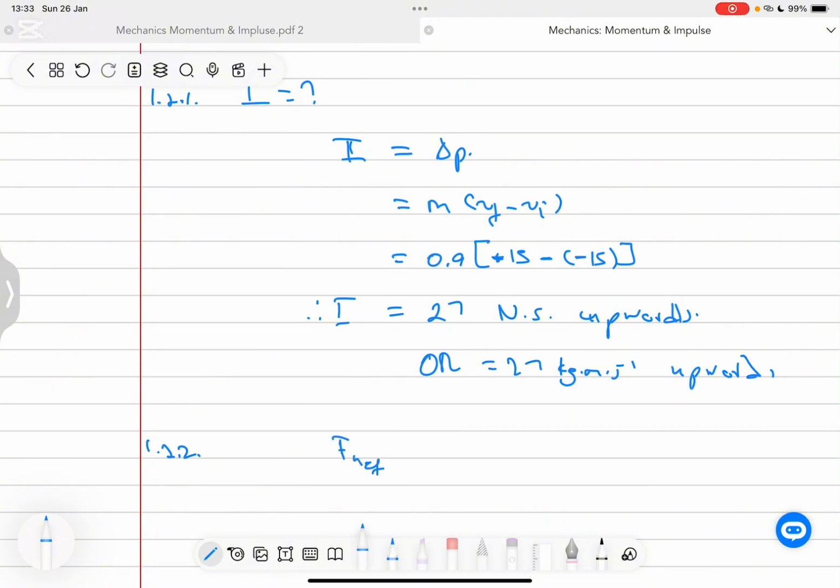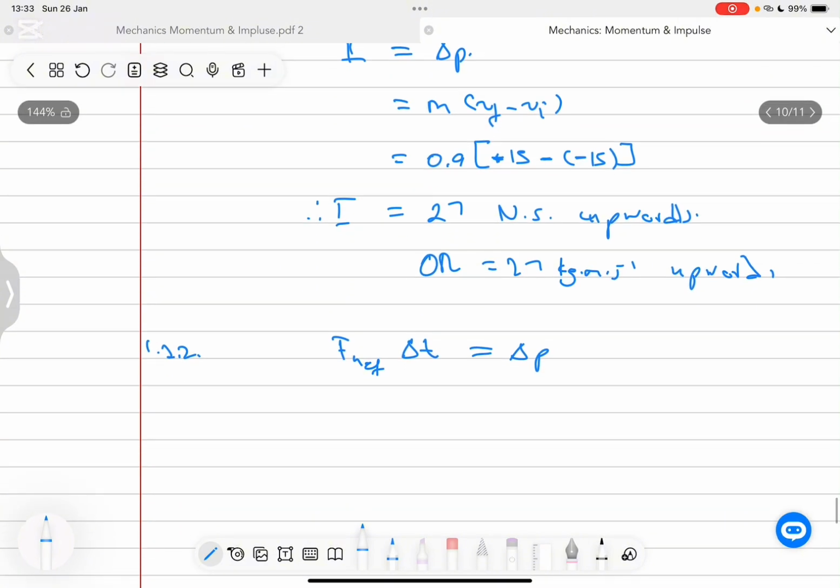Now, at this stage, I will use the formula of the impulse momentum theorem that says the net force times time, which is the impulse, is equal to the change in momentum. The same formula as this. I'm just writing impulse in terms of its definition. But now we can substitute.